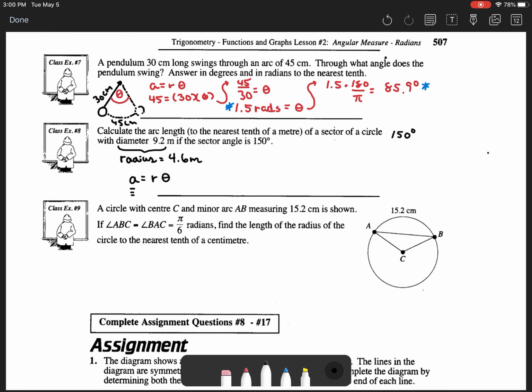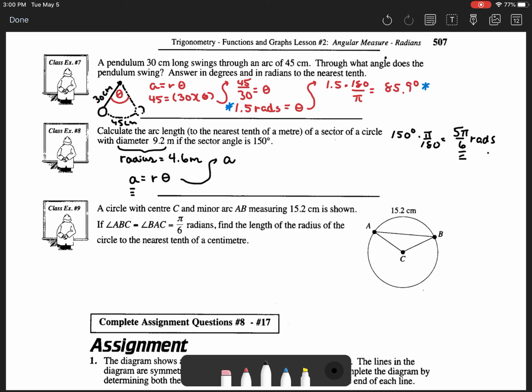So I'm going to take 150 degrees, and to turn it into radians, I multiply by pi over 180. When I do that, I get 15 over 18, 5 pi over 6. Those are radians, so that's what I put into my equation, 5 pi over 6.